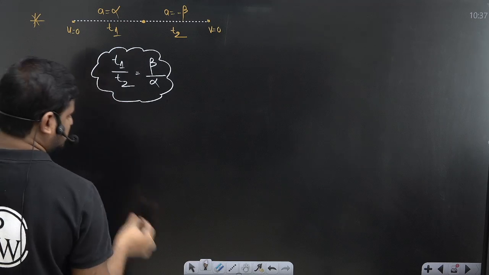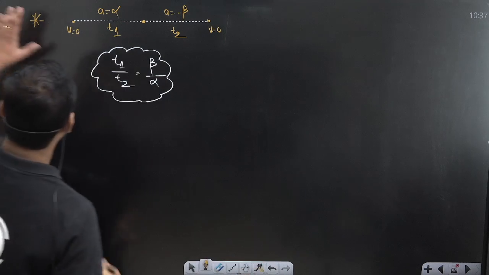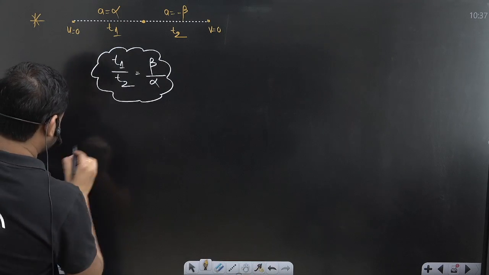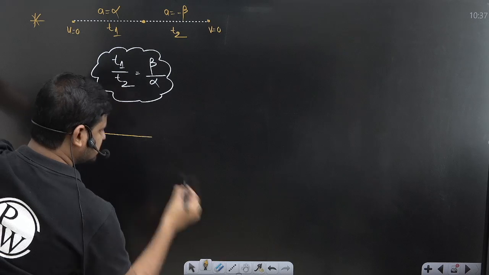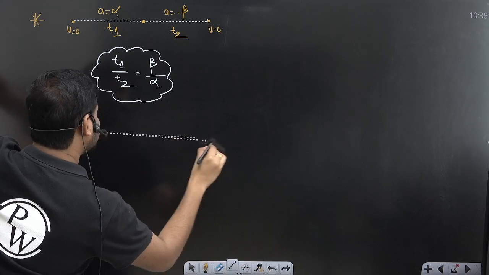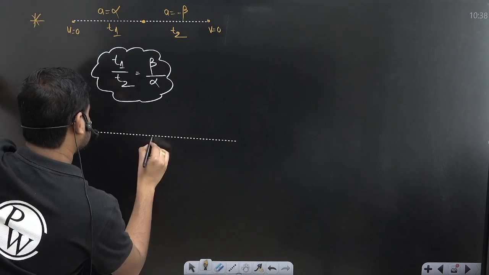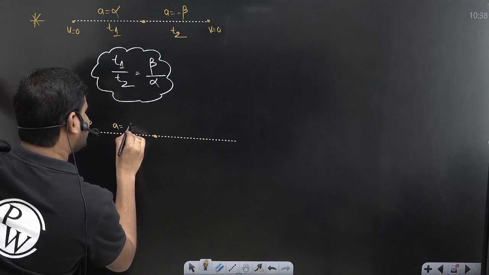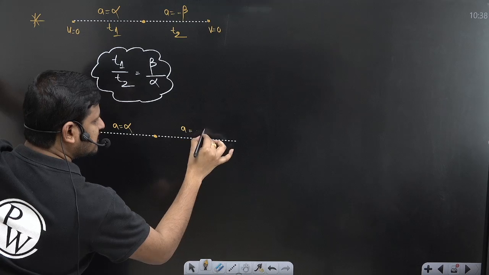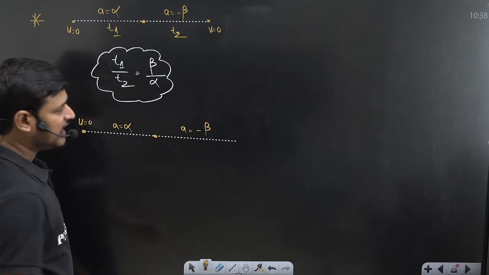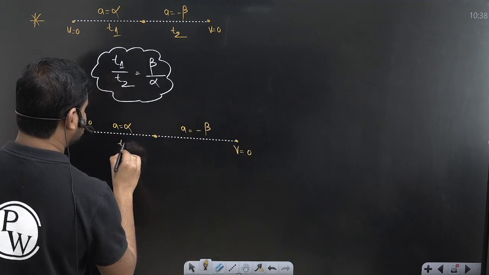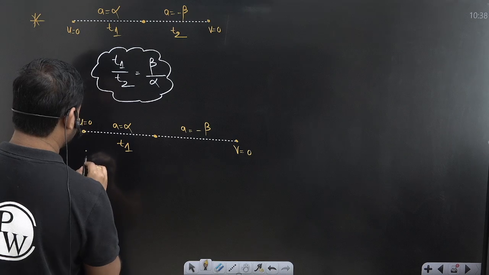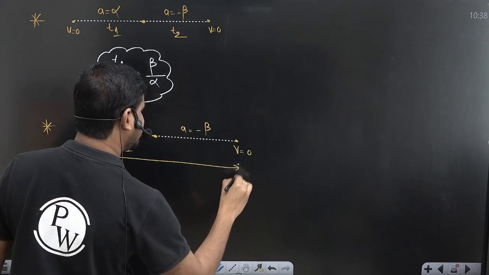Now for the same case, the body starts from rest, covers some distance at a rate of alpha and then decelerates at a rate minus beta, and finally comes to rest. Let's suppose this time is t1 and the total time elapsed be t.